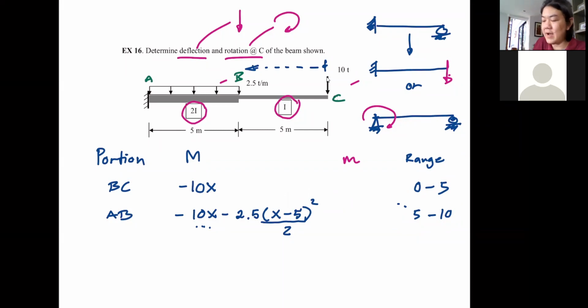I should try to write this somewhere. It's the same beam. Virtual load. It's the same beam, basically.